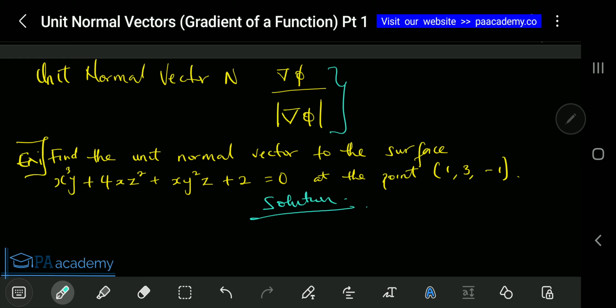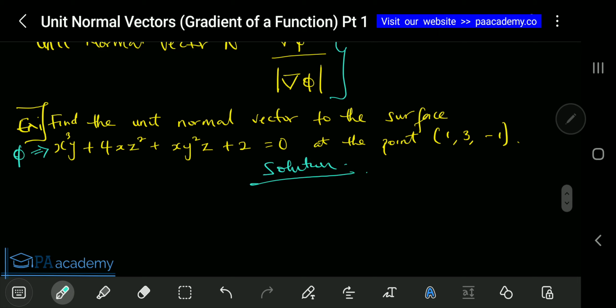From the formula, the first thing we need to calculate is the grad of the function. Let's take this function as phi.